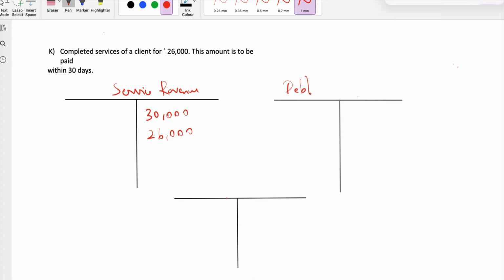So they will pay the company within 30 days. The time period is given, or you can say the client account, since they have asked client in your textbook. Now this is a current asset. So increase in current asset, or you can write receivables. Okay, it's a receivable for us, it's an asset. So 26,000 is debited here, and here income is credited.